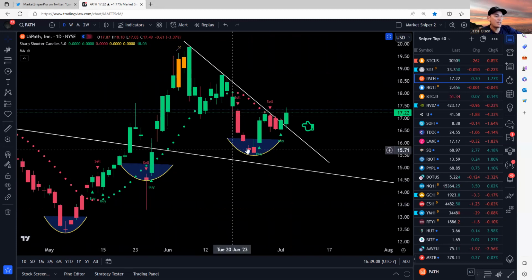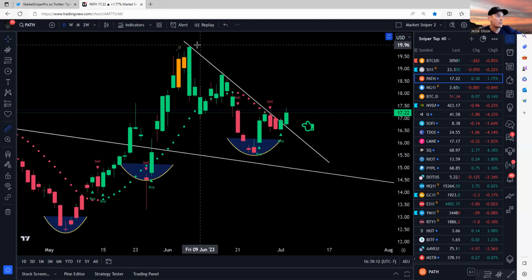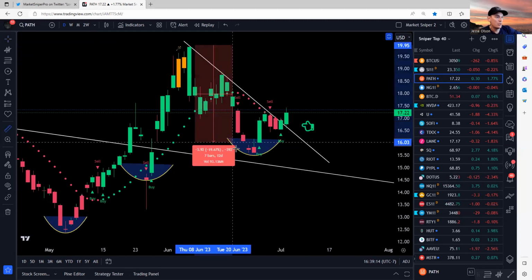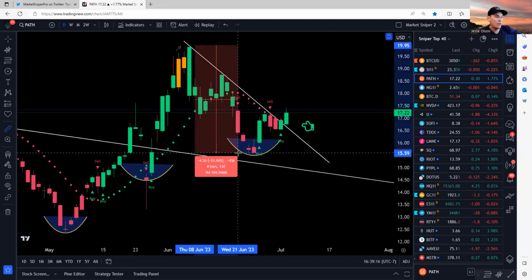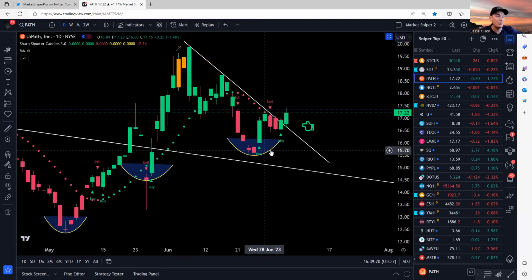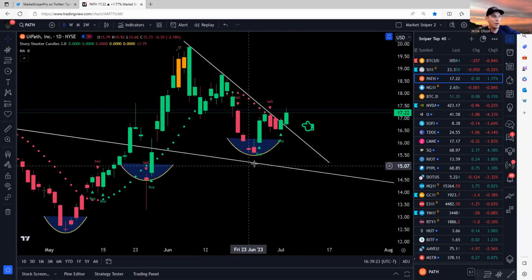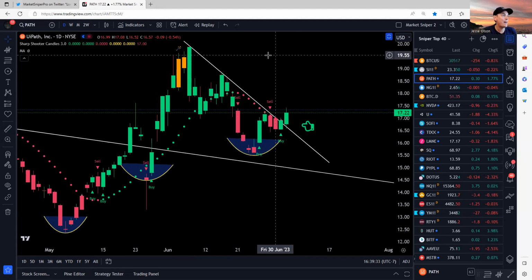It was a pretty good correction, all the way from this wick to here, almost 22%, and it came to a key support area, and looks almost like a back test of this longer term downward trend line, which you'll see when I move to the weekly. So that's Path on the daily.